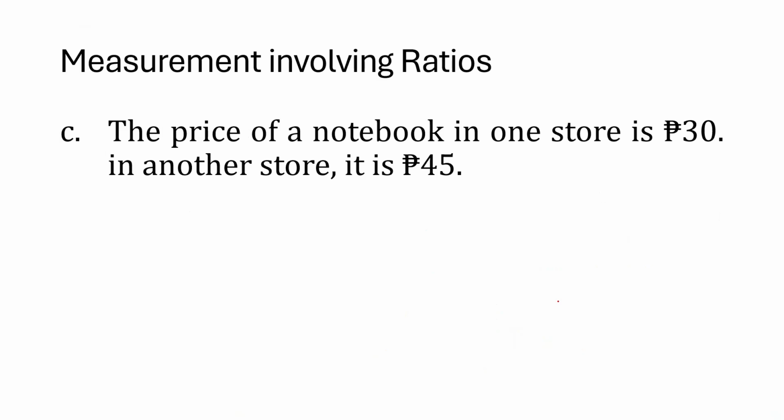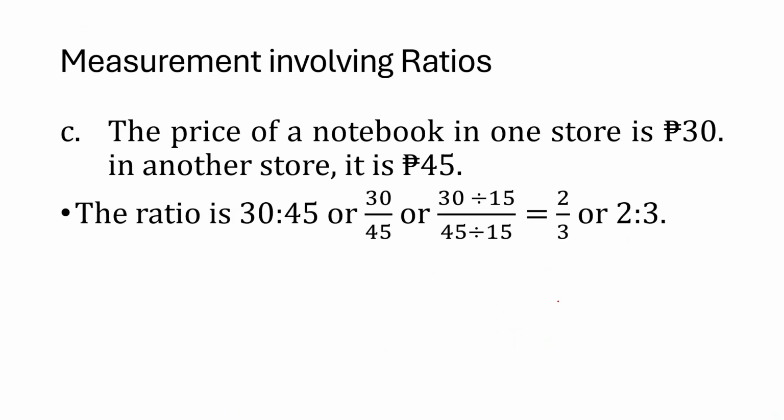Next, the price of a notebook in one store is 30 pesos. In other store, it is 45. So if we write the ratio, it is 30 is to 45, or in fraction form, that is 30 over 45.